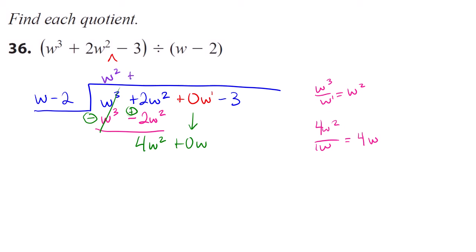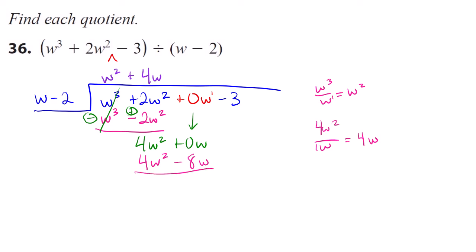So I'm going to put plus 4w here. Since this is positive, don't forget the sign there. Now I'm going to distribute 4w times w and 4w by negative 2. 4w times w is 4w squared. Notice how these match up once again. 4w times negative 2 is negative 8w.